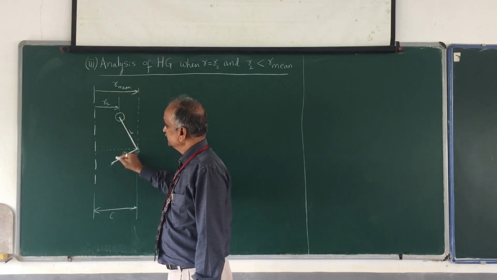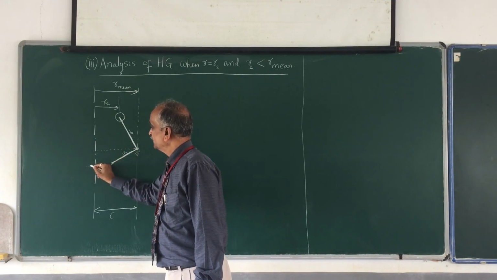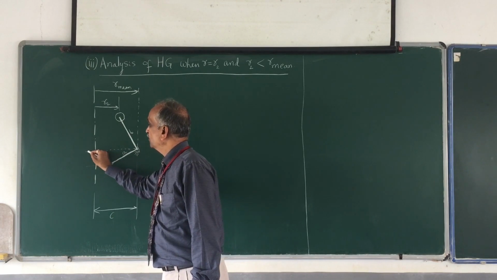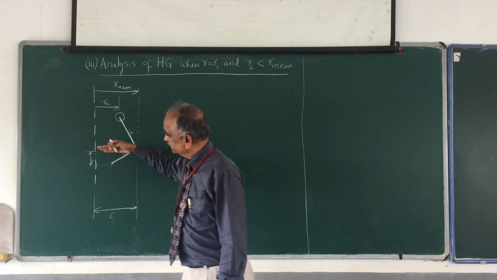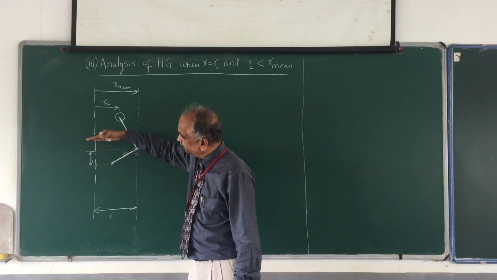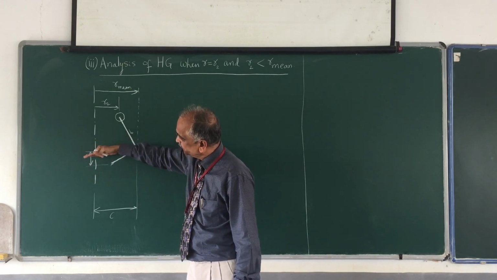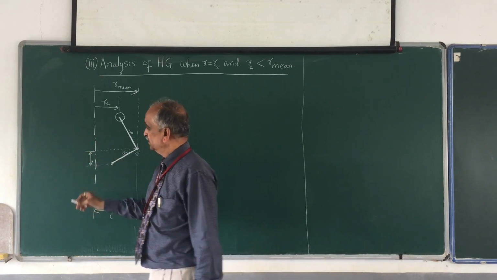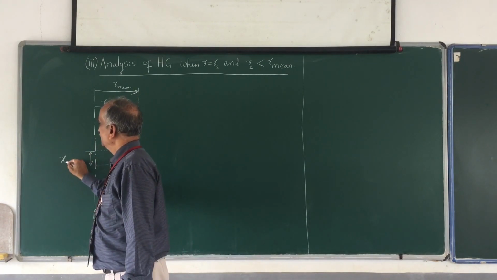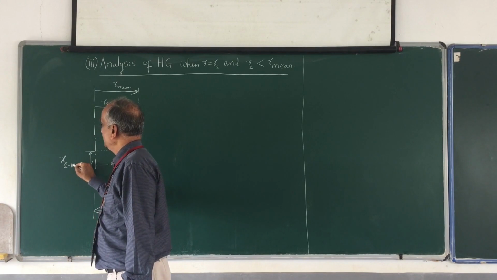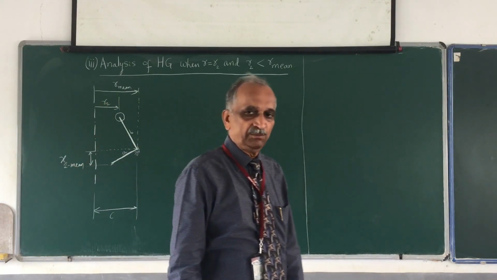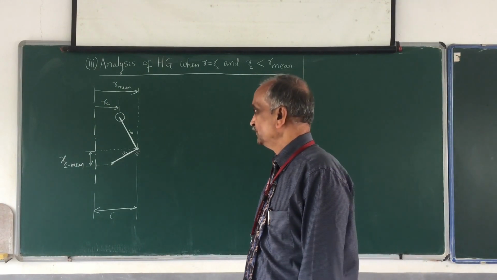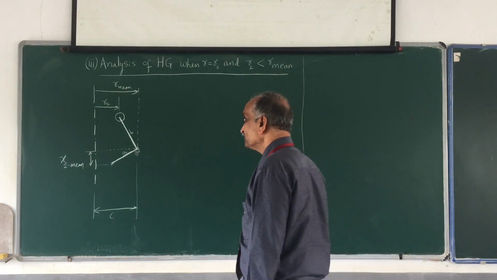Now, for the analysis, this is the position, and I call this distance the displacement of the sleeve from the mean position to position 2. This is what I have called X2 mean, the displacement of the sleeve between the mean position and the second position.